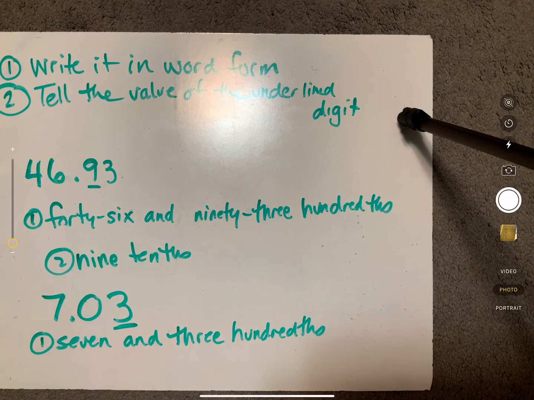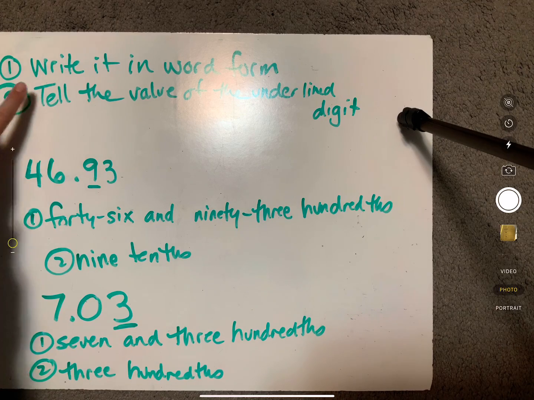Let's do this one. Our underlined digit is this. It's in the hundredths place, but the value of it is 3 hundredths. That one's kind of tricky just because it has 2 steps, so you need to make sure you do step 1 and step 2.